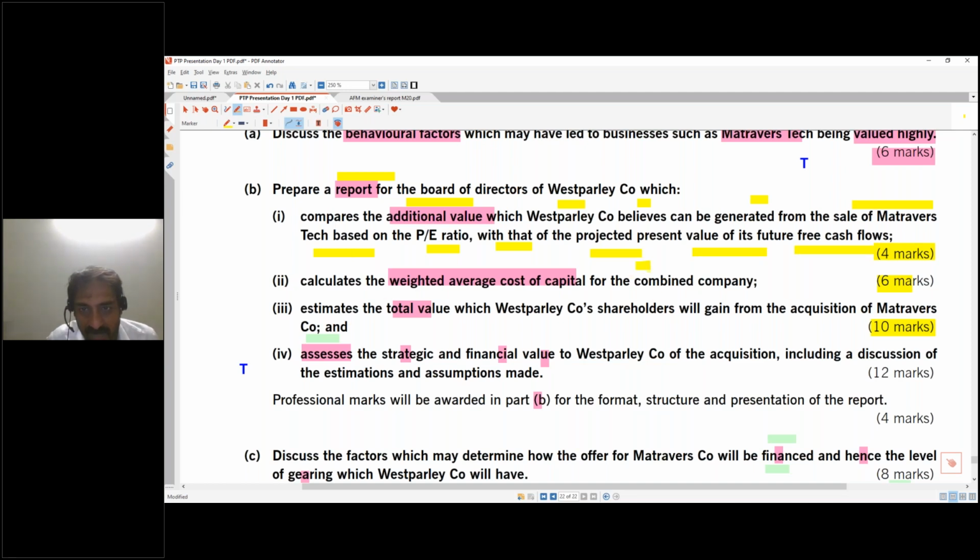Calculate the WACC of the combined company. 6 marks. Estimate the total value West Parley shareholders will gain from the acquisition of Matt Travers company. And then the fourth is actually part of the report. Assess the strategic fit and financial value of the acquisition, including discussion of the estimation and assumptions. 12 marks.